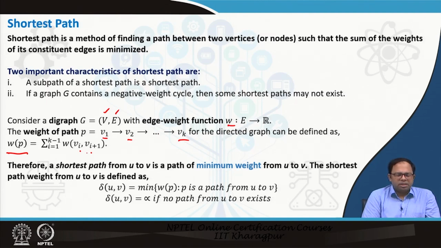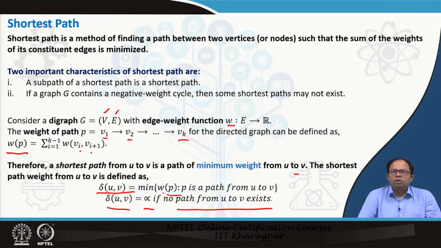This is just a representation. A shortest path from U to V is a path of minimum weight from U to V. The shortest path weight from U to V is defined in this way: delta(U,V) is the minimum of the weight of path P, where P is a path from U to V. So, a minimum over all the paths, and this becomes infinity if no path exists from U to V. So, if there is no path, then the cost is infinity.